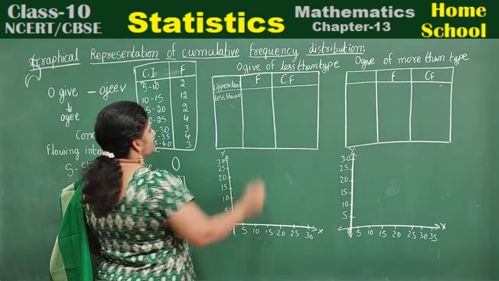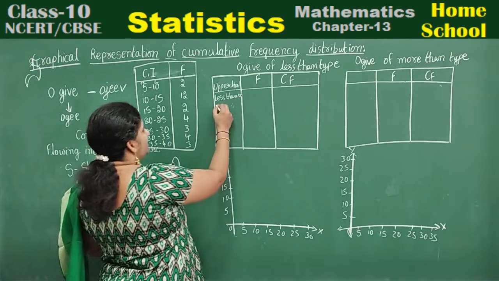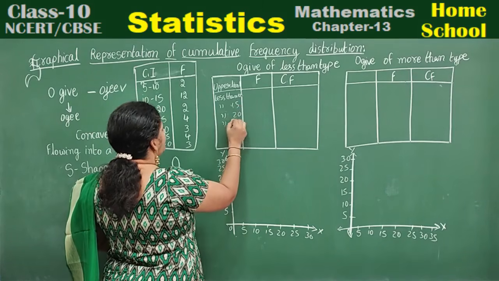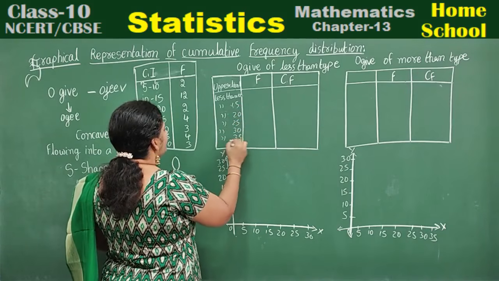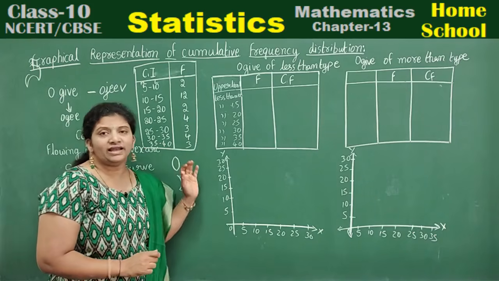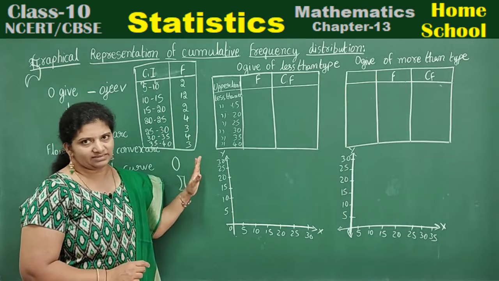Don't take the full class interval, only one side you need to take: less than 10, less than 15, less than 20, less than 25, less than 30, less than 35, less than 40. When we are doing less than type ogive, we need only one side of the class interval.